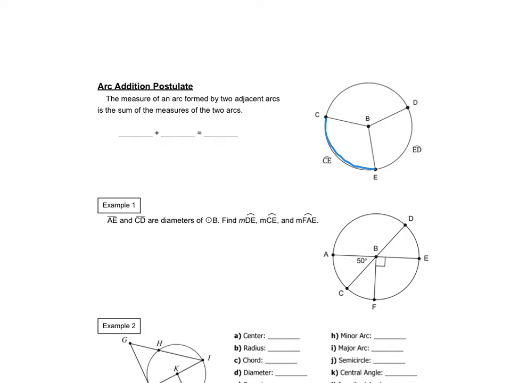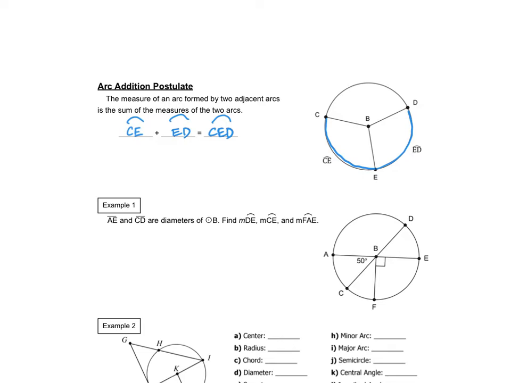Then we can add them together, and I can say that arc CE plus arc ED is going to be equal to arc CED. And I did name it with 3 letters because it does appear to be greater than halfway. So anything in major arcs are identified with 3 letters.